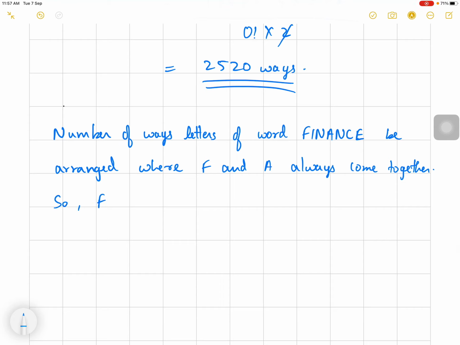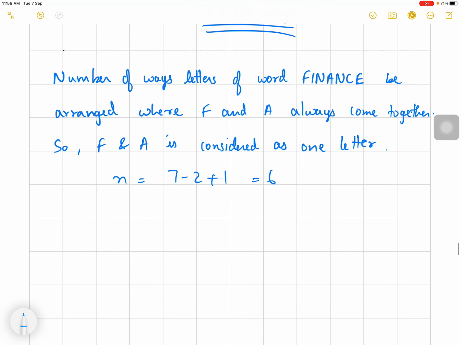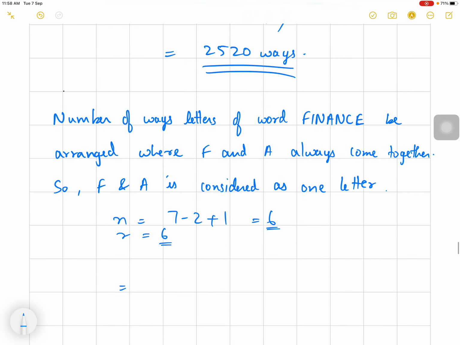F and A is considered as one letter, so N is equal to 7 minus 2 plus 1, which is 6. So the permutation will be, because N is 6, R is also equal to 6, and N is repeated twice.